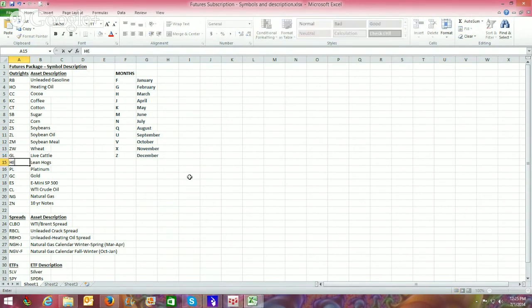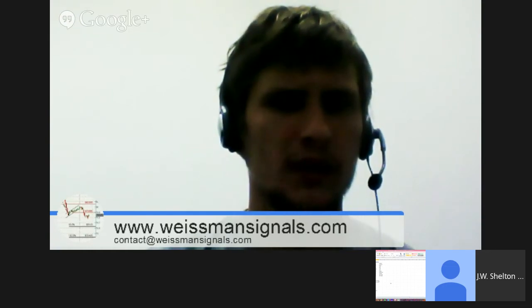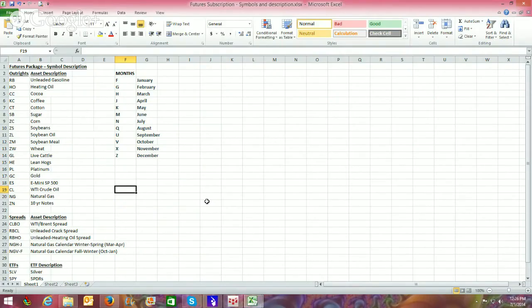The electronic is HE. So I've just changed it actually. So now I'm going to be using the electronic symbols. And what were you using? The pit. I was using the old pit, and the reason is that so much of the liquidity in meats is still pit generated. But still, I think most people using the signal sheet are probably using an electronic broker, and probably they want GL and HE.